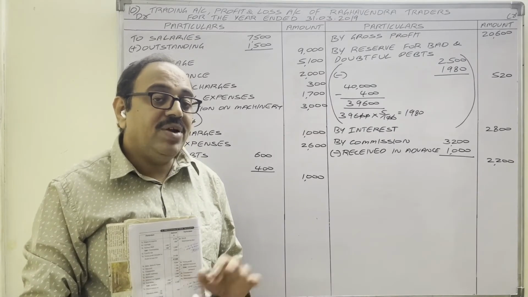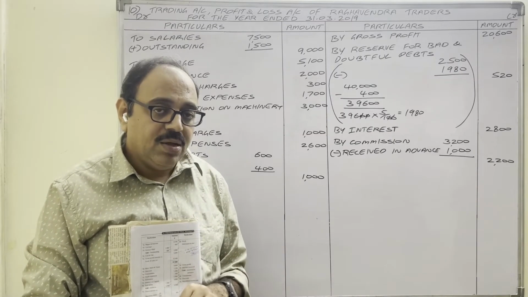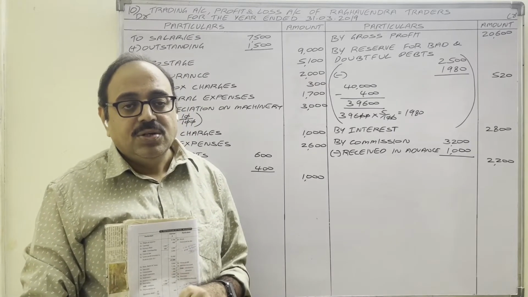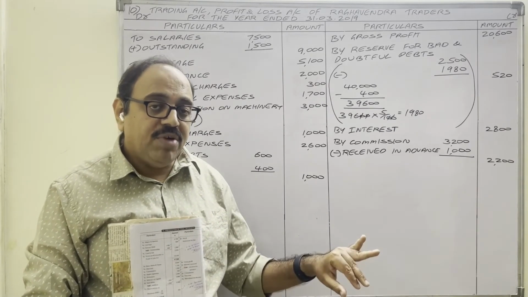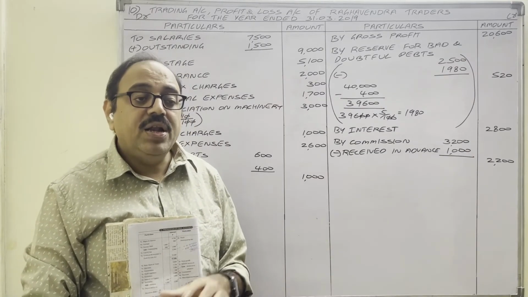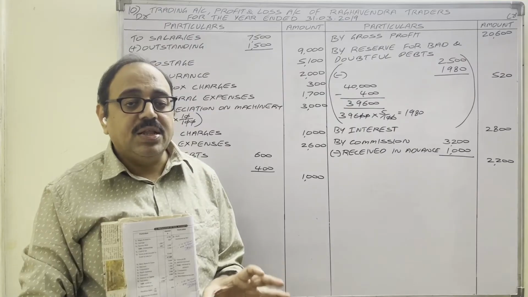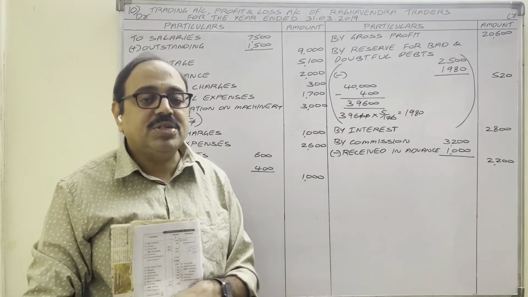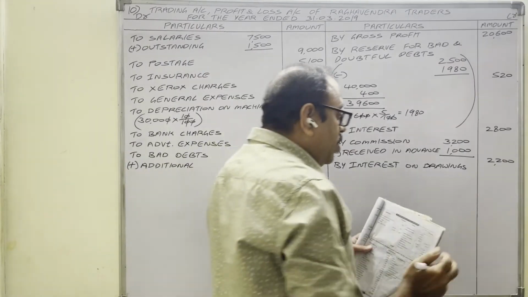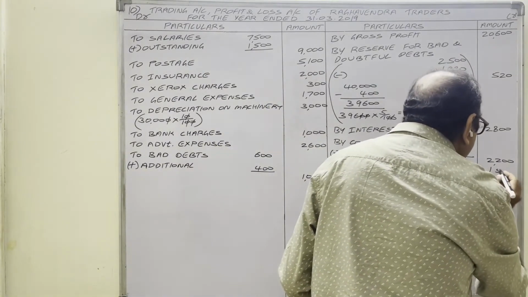So some sort of discouragement procedure should be there. That is why the interest on drawings concept is given. So whenever the owner takes some money for personal use, he should pay interest to the firm. Therefore, only when necessity is really there, the owner withdraws money for personal use. Interest on drawings, credit side. Amount directly given 1,500 rupees.